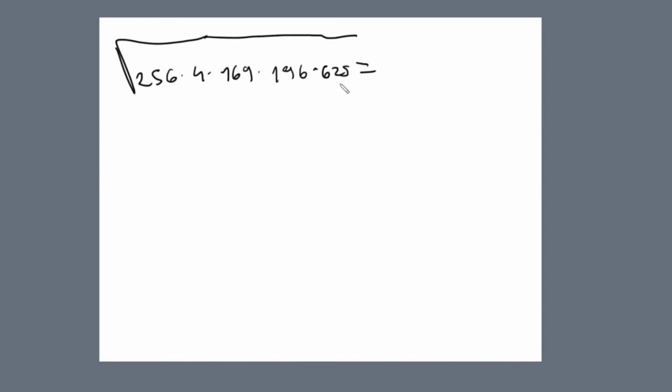But if you know many squares, then you can just go ahead and write 16 times 2 times 13 times 14 times 25, which happens to be, and I'll tell you exactly how much it is. It's 16 times 2 times, I don't know if you can see this, I'm using a calculator right now because even I can't calculate that much of a sum.